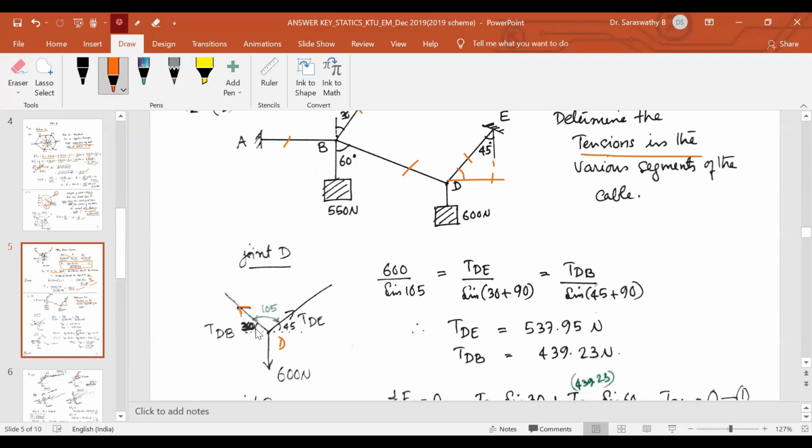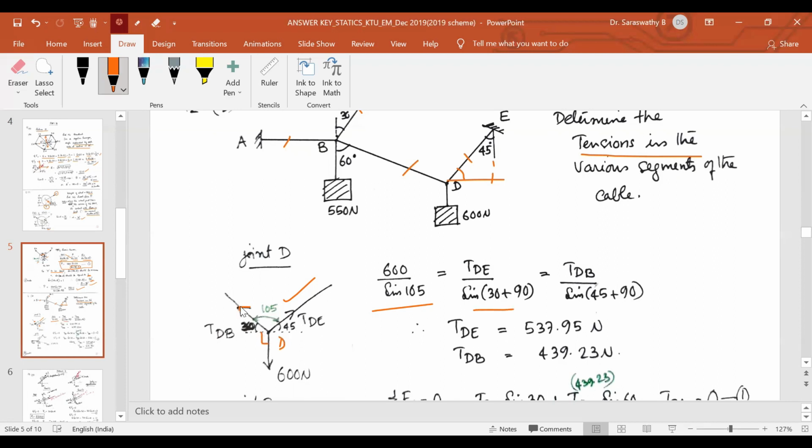So this is 30, this is 45, 75. Totally it is 180, so this will be 180 minus 75, 105. So we have got all the angles. Apply Lami's theorem: 600 by sine 105 is equal to tension in DE divided by sine of this angle. This angle is 90, this is 90, 90 plus 30.